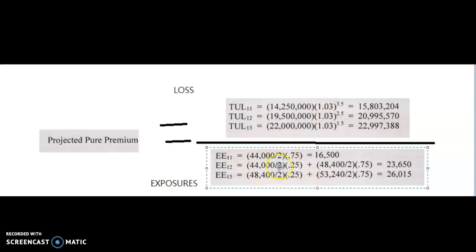And the earned exposure for a calendar year equals 25% of the earned exposure of the previous calendar year, and 75% of the earned exposure of the current calendar year. So following this pattern, we can get the earned exposure of each year. Now we just sum these 3 years, and then we get all of the exposure, and the loss divided by the exposure will be our pure premium.